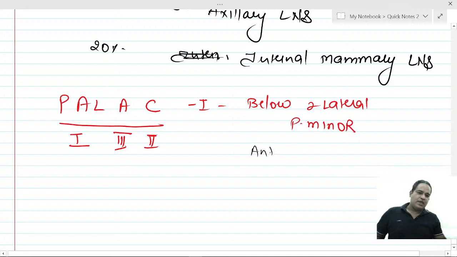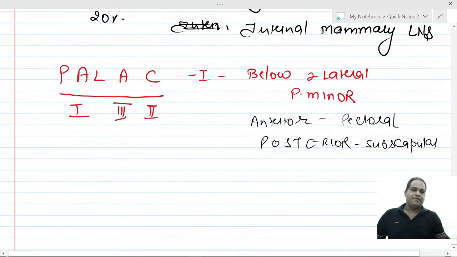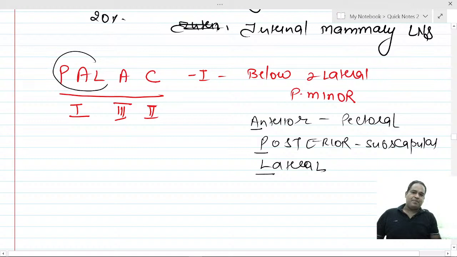They are anterior, also known as pectoral, posterior, also known as subscapular, and lateral: APL.